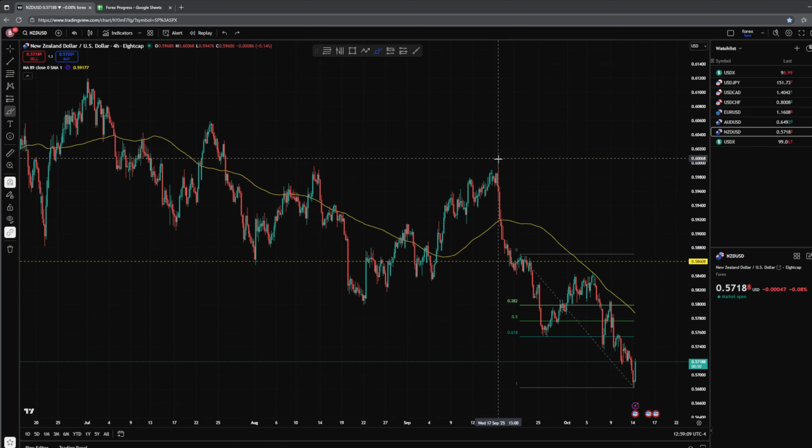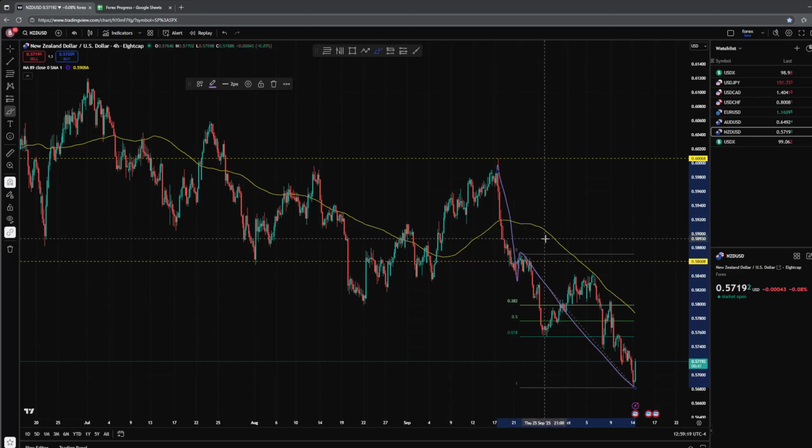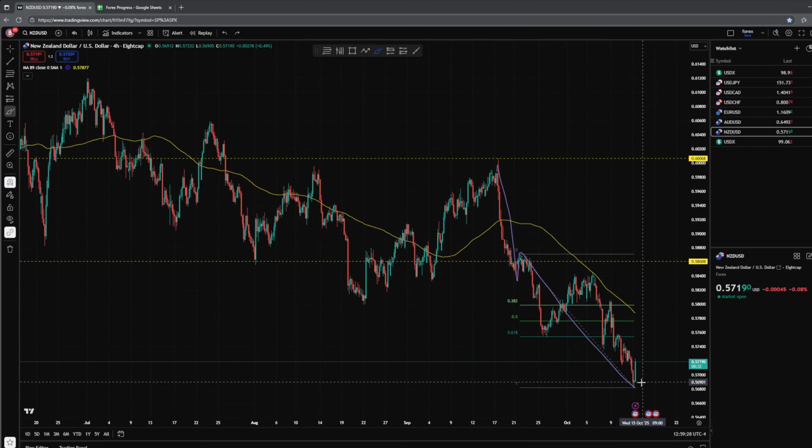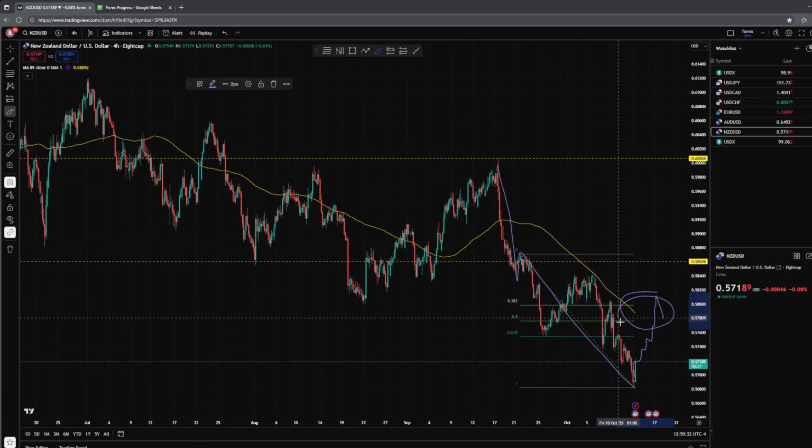So we have an up leg, retracement, down leg, and this local maximum resistance is very likely to hold if the trend is still down. So right now the market seems to be retracing, and if we let the market retrace into the 50 to 60% zone here, that would be a perfect opportunity to start selling New Zealand dollar USD.